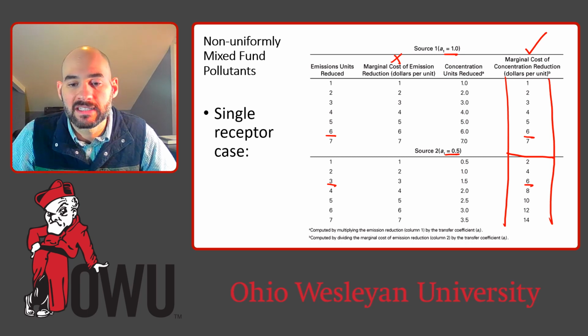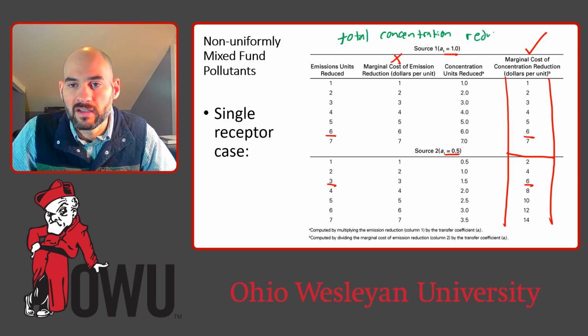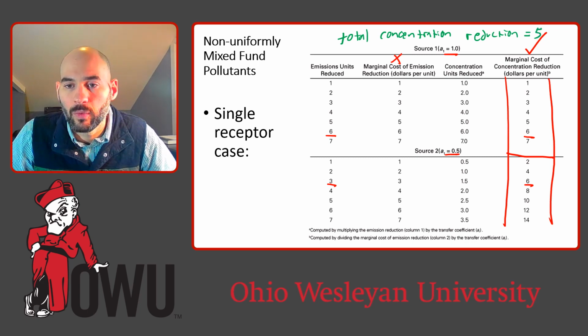So we know we want to allocate pollution reduction according to when those marginal costs are equal, but we also want the total concentration reduction to equal 5. So what combination of concentration units reduced is going to equal 5 and have the same marginal costs?